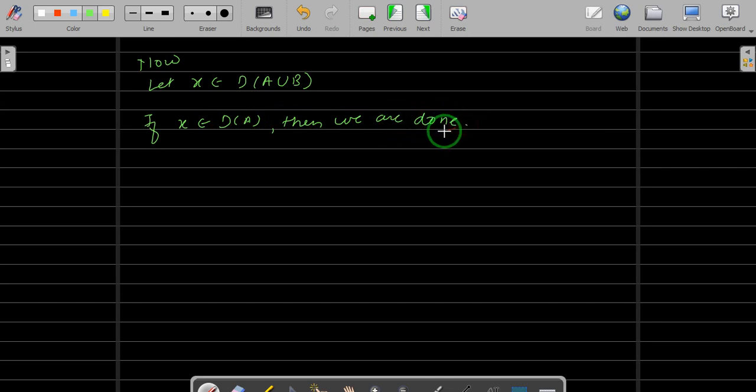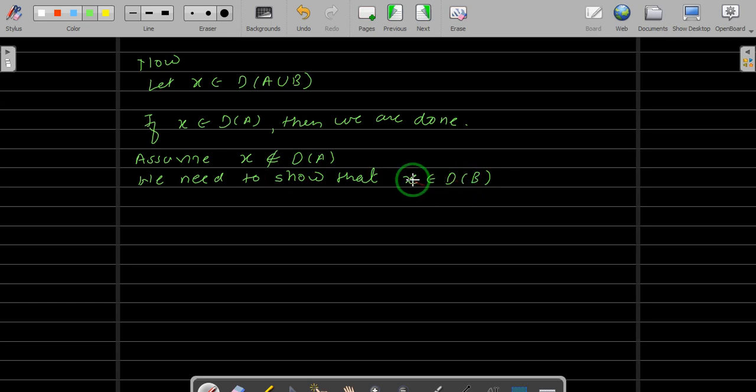So assume X does not belong to derived set of A. We need to show that this X belongs to derived set of B. This is what you have to show. Now we know the definition of when X will belong to derived set of A: when every neighborhood of X will contain a point of A other than X. So the same definition we have to use.